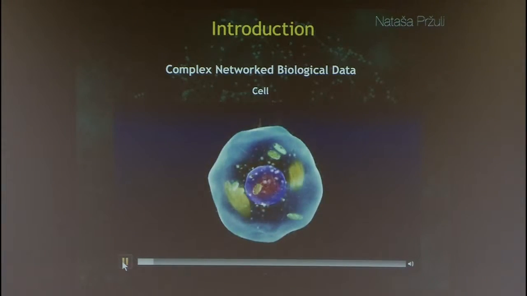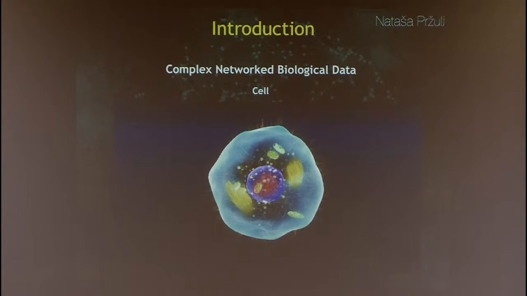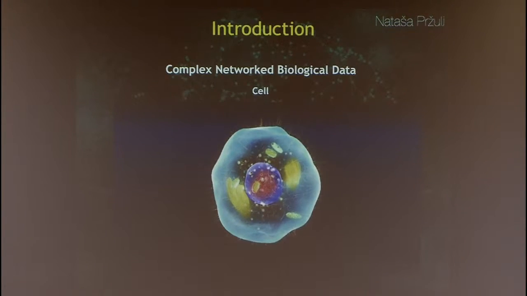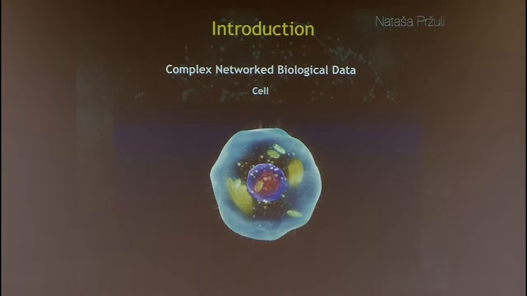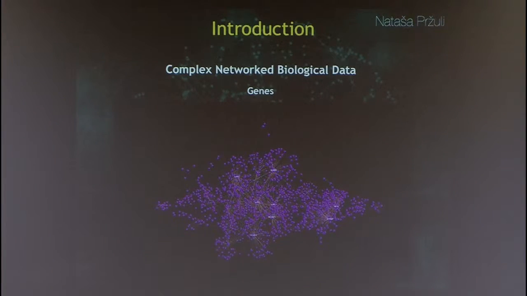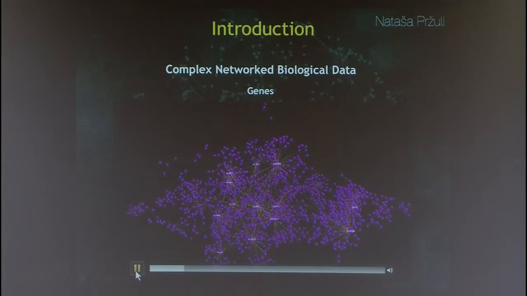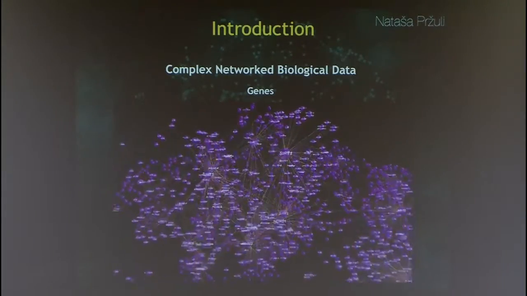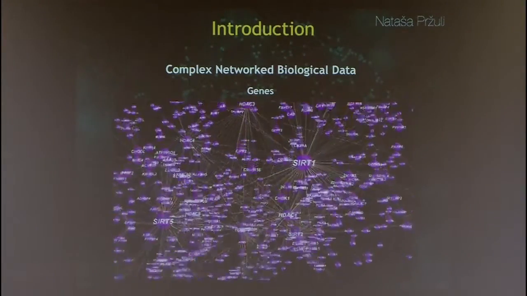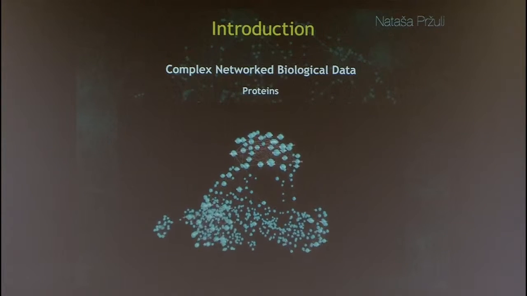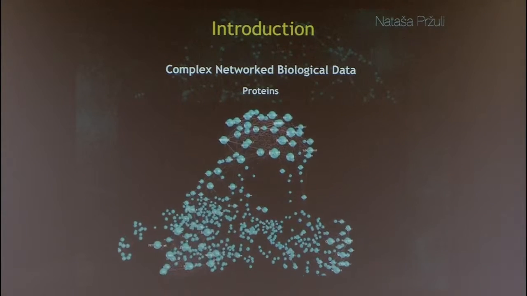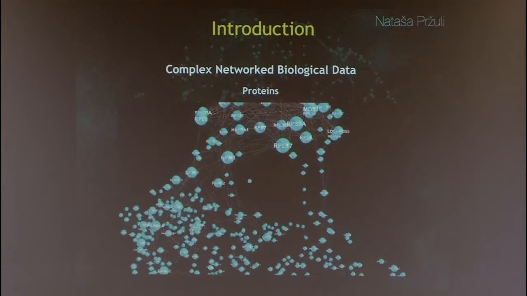Okay. So we all know one of the most complex systems that we study is the cell, and in the cell there are many different types of networks. For example, there are many types of networks between genes, whether it's co-expression or transcriptional regulation and so forth. Then genes make proteins, and proteins can physically bind to do particular tasks.